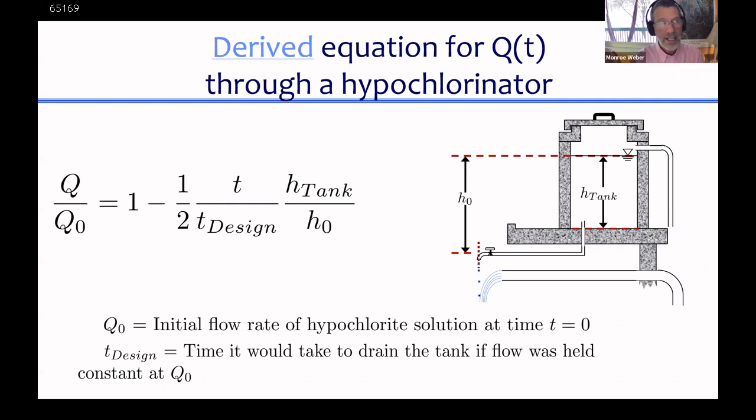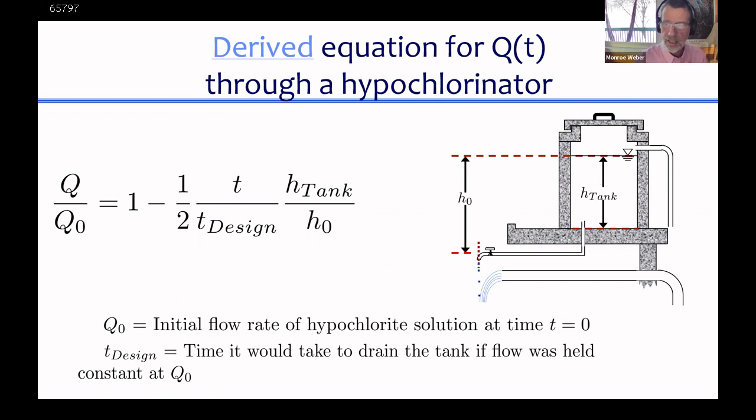But there's this second term in the equation, 1/2 times T over T design times H tank over H0. And that's what's going to get us, because as T gets larger and larger, that second term gets bigger and bigger, and my Q decreases, gets smaller and smaller.